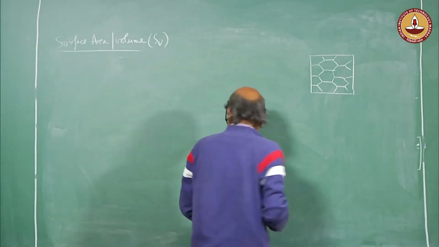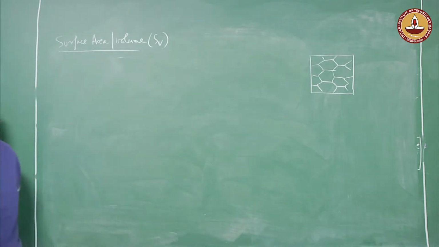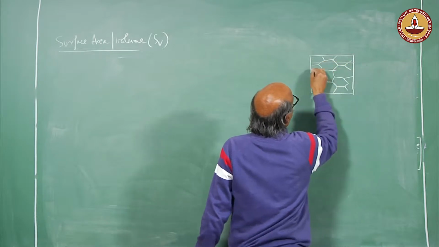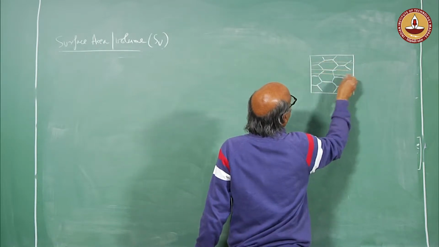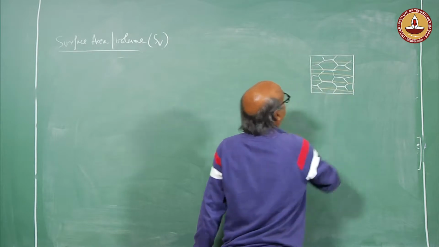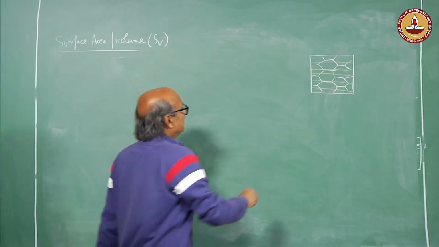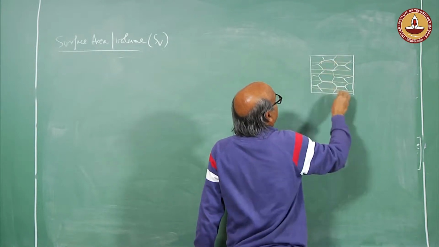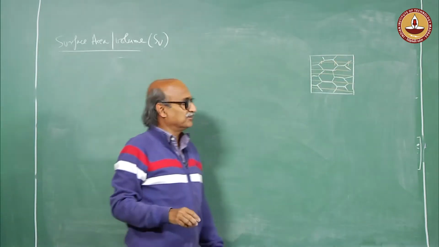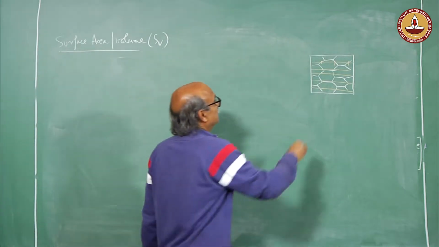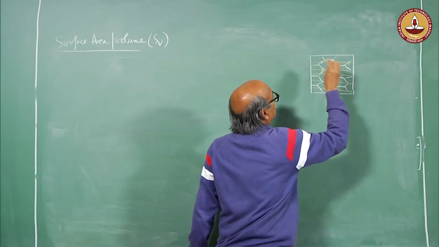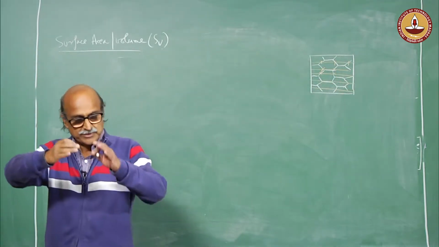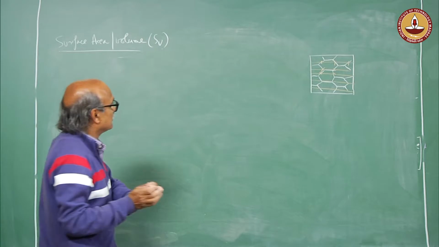Now, let me superimpose on this a grid of lines. I count the number of intersections that these lines make with the grain boundaries. Just like in the case of graphite nodules, you had measured the intersections with the graphite boundaries.